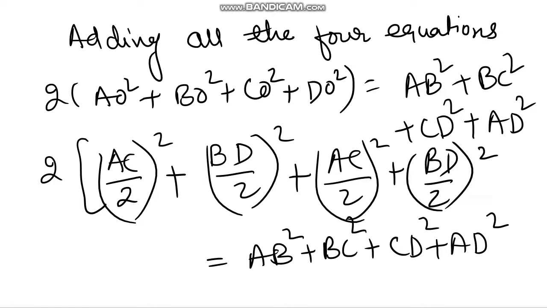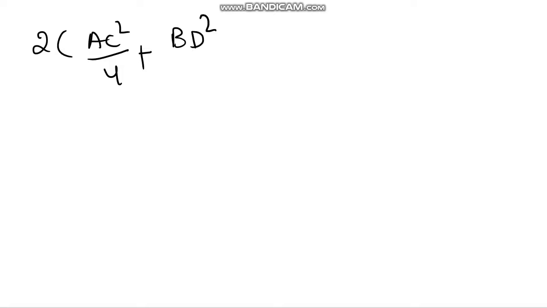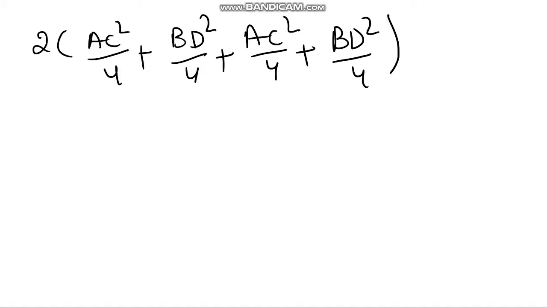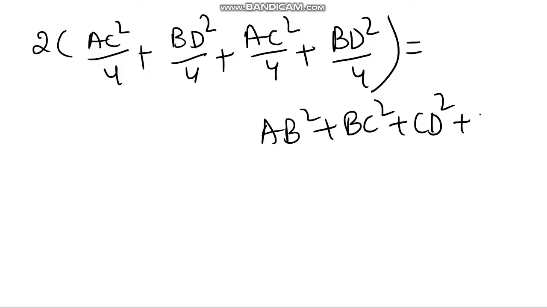Now see what we are going to get. 2 into AC square by 2 means how much? AC square by 4. So we write 2 into AC square by 4 plus BD square by 4 plus again AC square by 4 plus again BD square by 4, equal to AB square plus BC square plus CD square plus AD square.